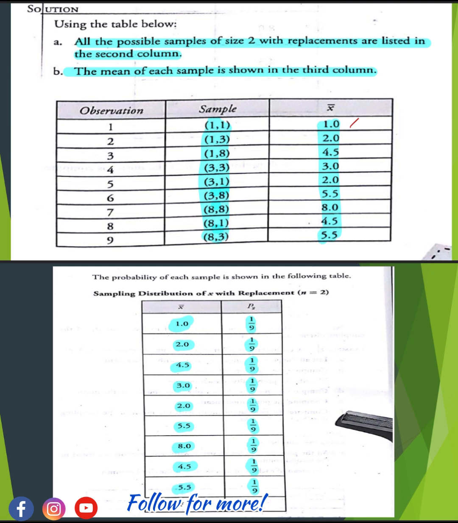So if you add the sample means, the sum is 36. And for the probability, of course, when you add 1 over 9 nine times, that is also equal to 1. Okay? Now, that's question C.